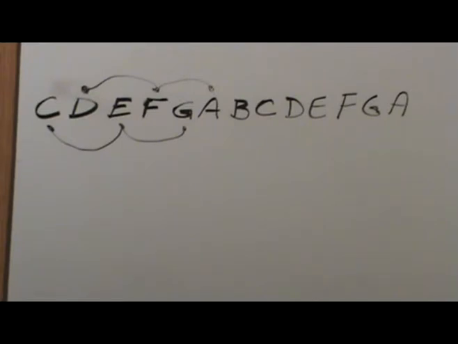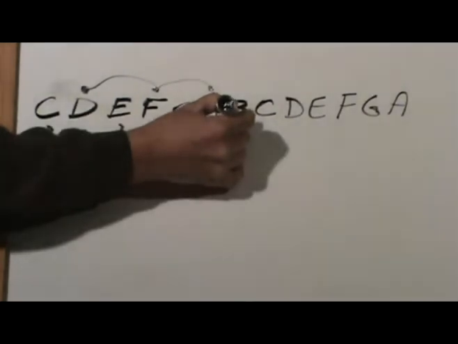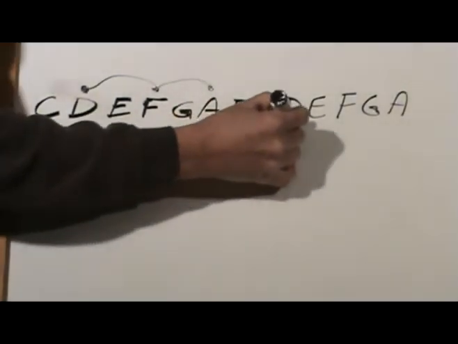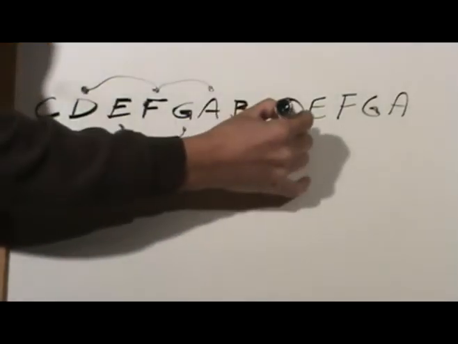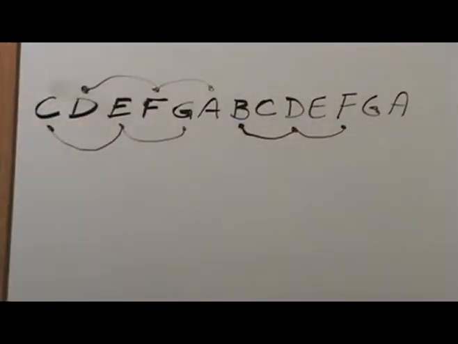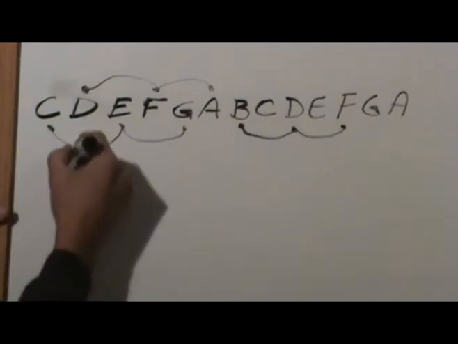And everything's going to make perfectly good sense until I get down here to this B. And what's going to happen with this B? B to D is a minor third, and D to F is a minor third. So I have a diminished chord now because I have a minor third with a minor third on top of it. So we can keep this in mind.